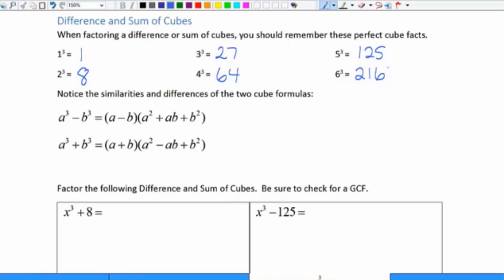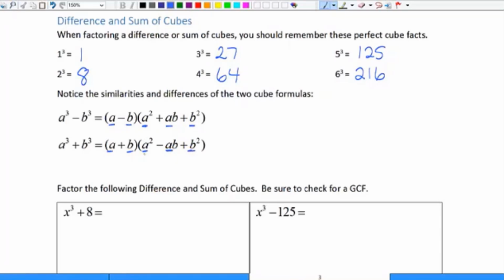Now I rewrote your formula so you didn't have to keep flipping back to the page before. So we have a cubed minus b cubed and a cubed plus b cubed, and we have their factorizations. Now I want you to notice how similar they are. We have a and b here, and a and b here. A squared, ab, and b squared.